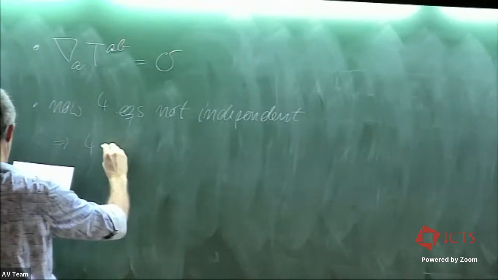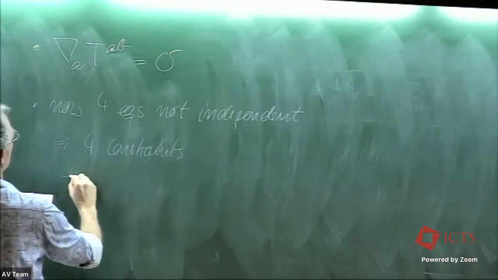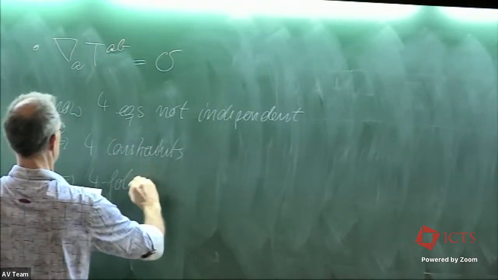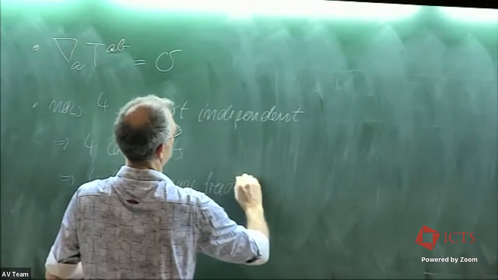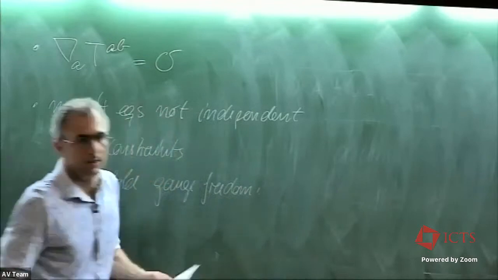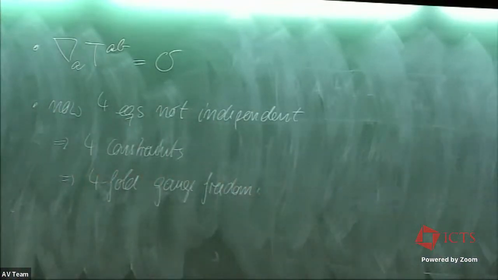That means we now expect four constraints and a fourfold gauge freedom. Different formalisms specify this gauge freedom in different ways, but mainly by making a choice for the lapse function and a choice for the three components of the shift vector. Those are your four gauge freedoms. They correspond, of course, to the fourfold coordinate freedom that we have in GR.